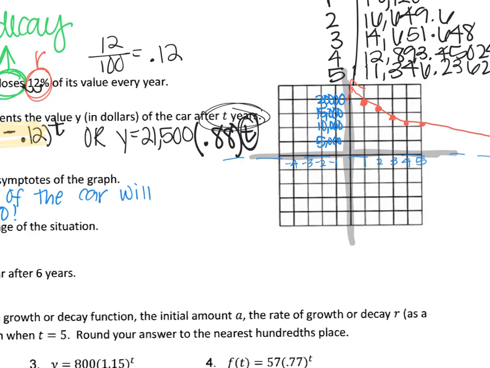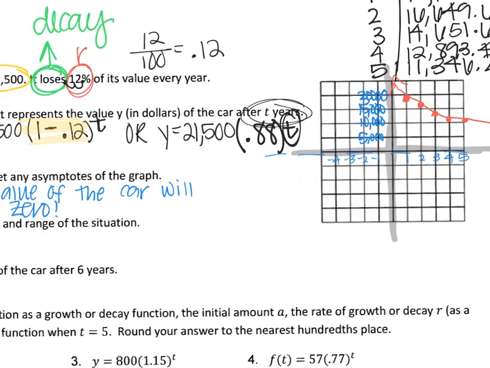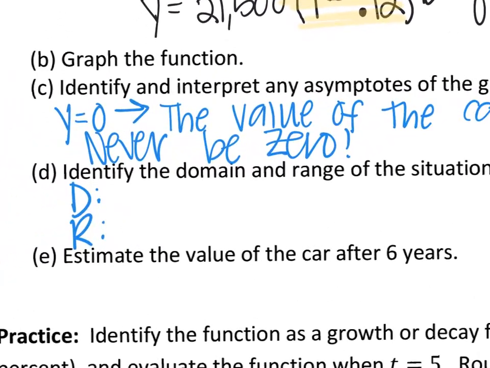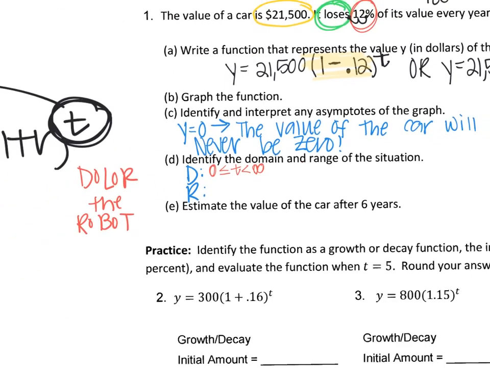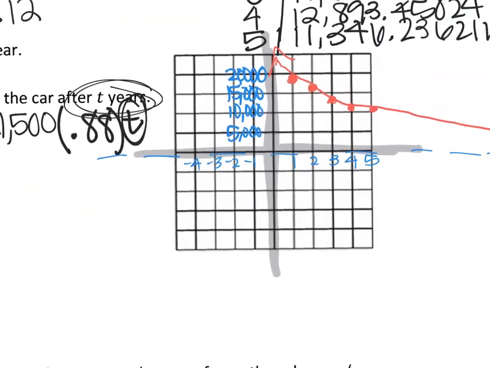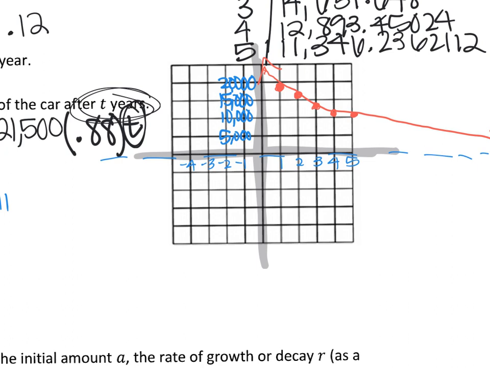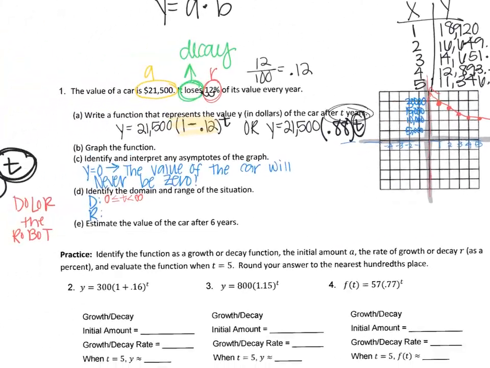Can I have negative years? No, I can only have positive. So the lowest amount of years I could have would be 0. So it's got to be greater than or equal to 0, because I can't have negative time. But then I could go all the way to infinity the other way. Technically this graph would keep going, but since it's a real life scenario, it does not go past the y-axis, because time cannot be negative.